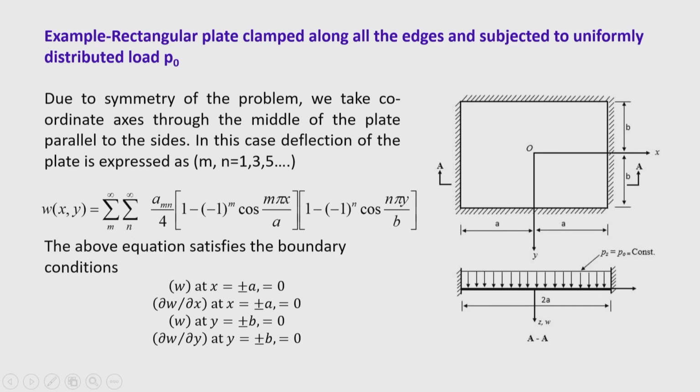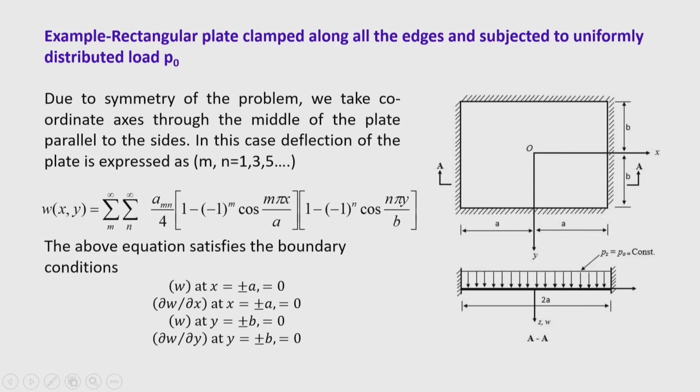I have taken it because when this function is evaluated at the boundary the quantity becomes 4, and if we divide by this quantity, it becomes only a m n. So, based on that argument it is taken, but there is no necessity also.